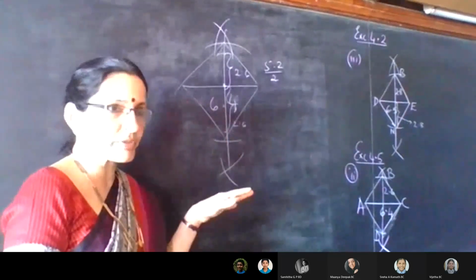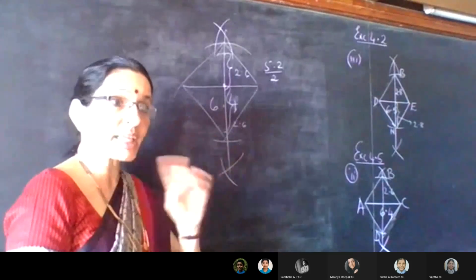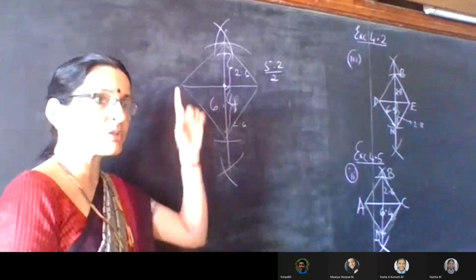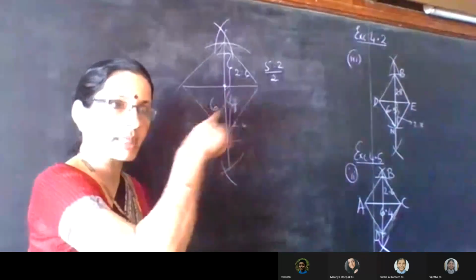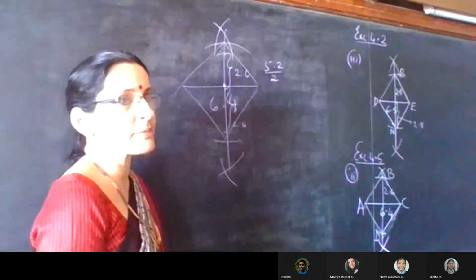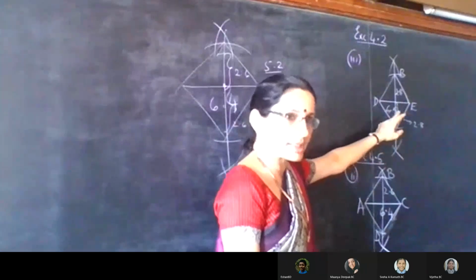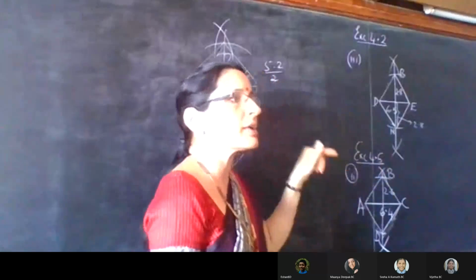I can divide 6.5 divided by 2, 3.25. Can I measure 3.25? No, right? So above 3.2, below 3.3, like that I cannot take. When I am cutting off arcs, I cannot take that measurement. It becomes invalid.